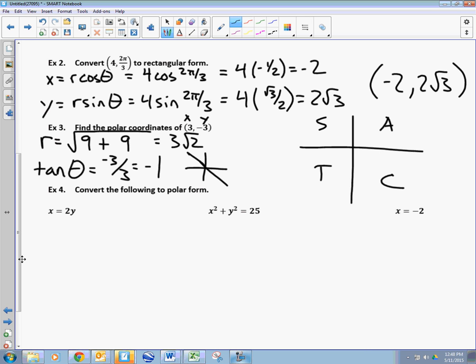So all trig functions are positive in the first quadrant. Sine is positive in the second. Tangent and cosine are therefore negative. Tangent's positive in the third. Sine and cosine are negative in the third. Cosine's positive in the fourth. Tangent and sine are negative in the fourth.